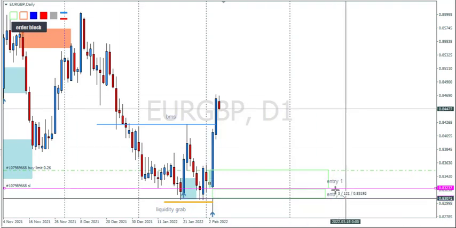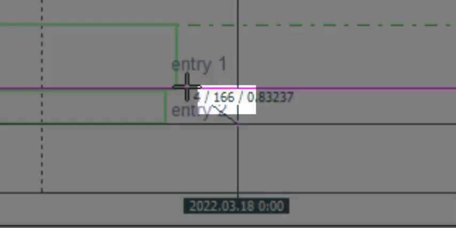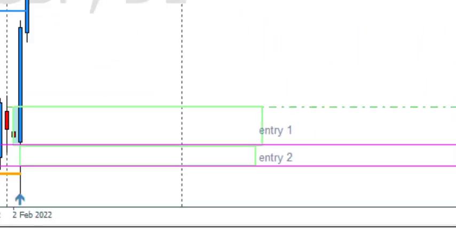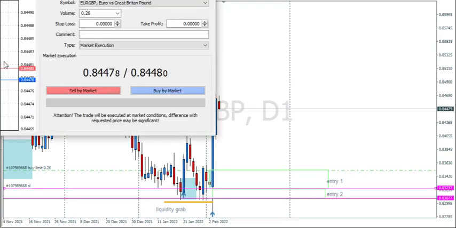The width of the rectangle in pips is the stop loss, and you can easily use this in a lot size calculator to know what volume or lot size to put, depending on how much percentage of the account you want to risk. Always practice good risk management.